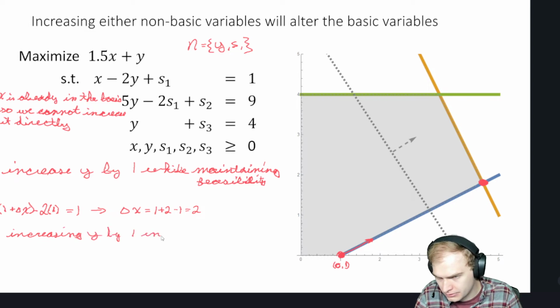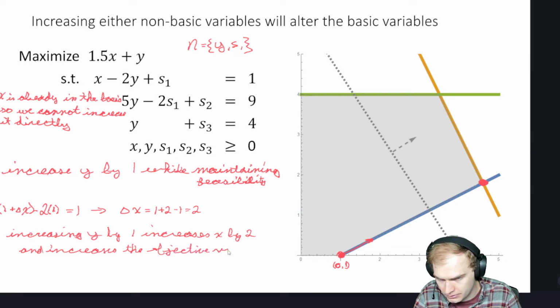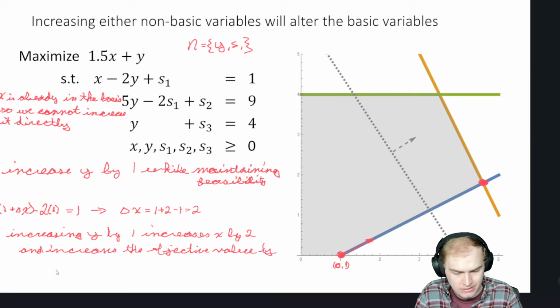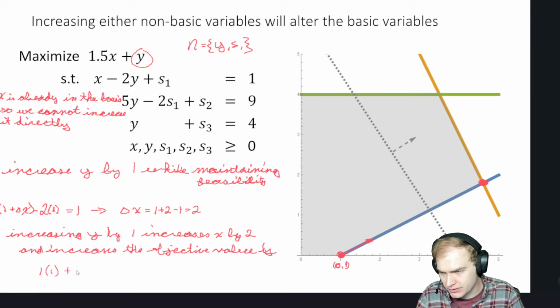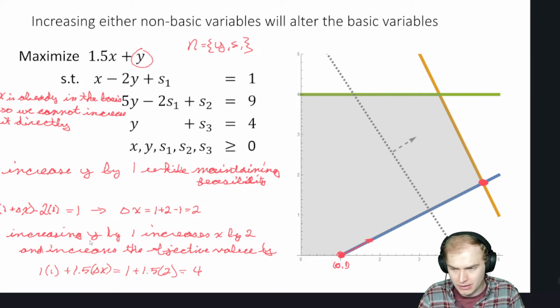Y by 1 increases x by 2 and increases the objective value by 1 times y, or 1 times 1, because our objective function has a 1y in it already, plus 1.5 times delta x, which is 1 plus 1.5 times 2, which is 4. So increasing y by 1 increases the objective by 4.